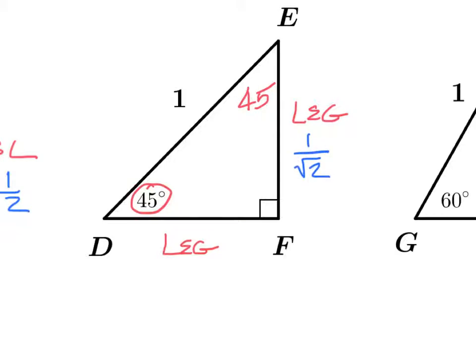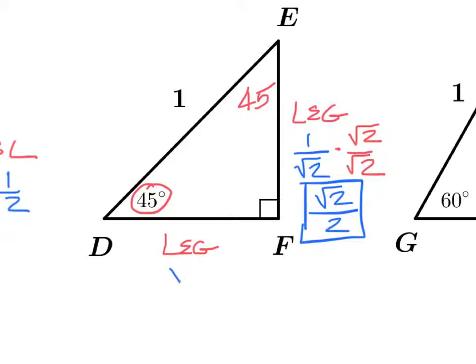So 1 divided by square root of 2 is the preliminary answer, but you cannot leave it in that form because you have a radical 2 on the bottom. That means you have to simplify it by multiplying the top and the bottom by that radical item from the bottom. And that will give you square root of 2 over 2. So if that leg is square root of 2 over 2, then this leg is square root of 2 over 2 as well.